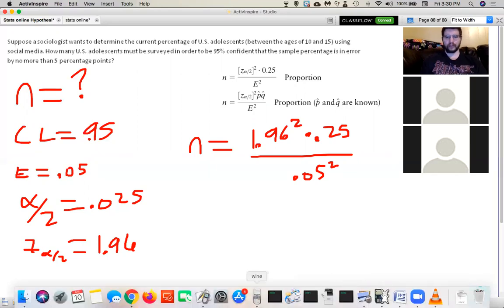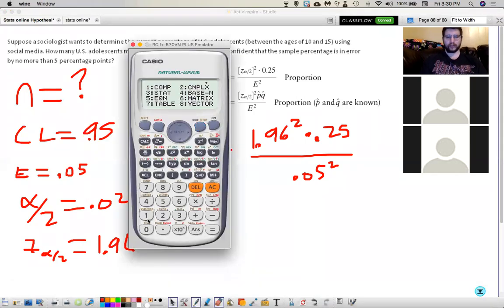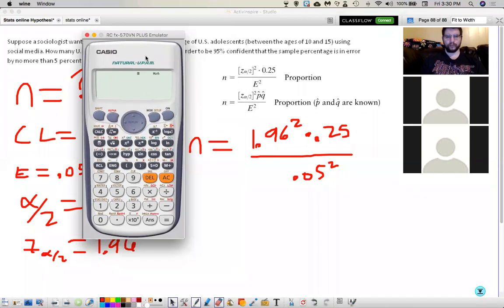If we just type that in the calculator, we'll get our answer. And we come up with 384.16.